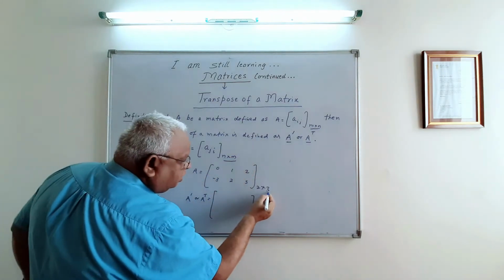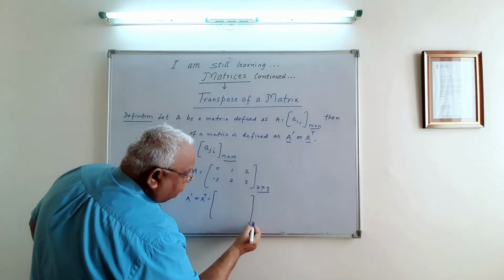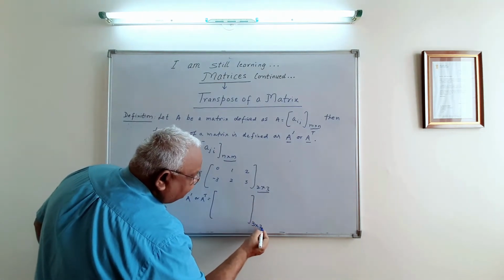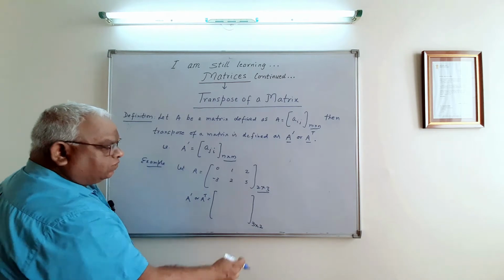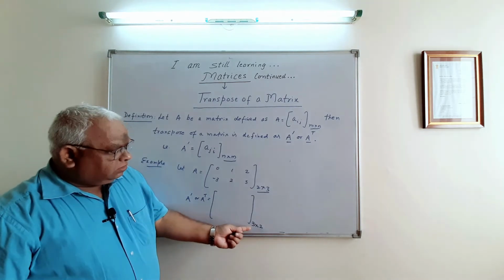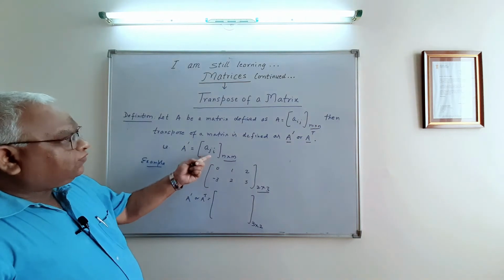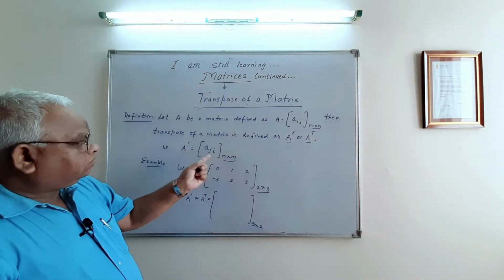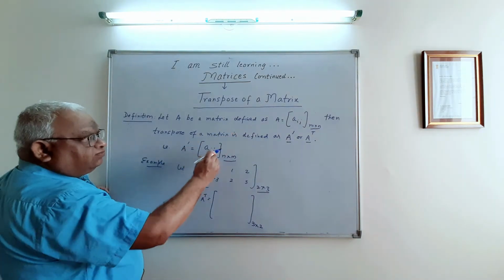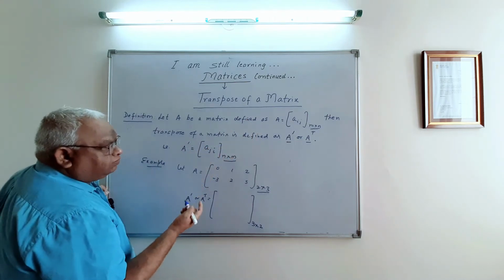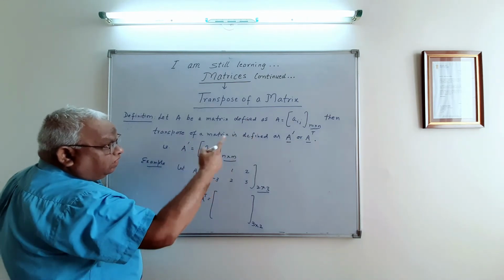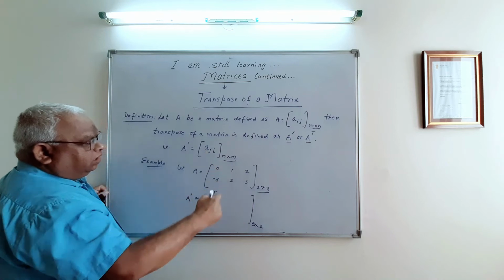So here the order is 2 cross 3, so it will change to 3 cross 2. If you know this, your major problem is solved. Then, part of the definition, Aij will become Aji.